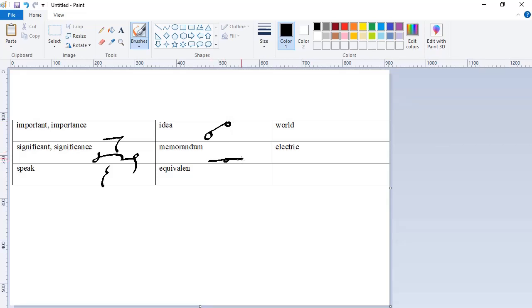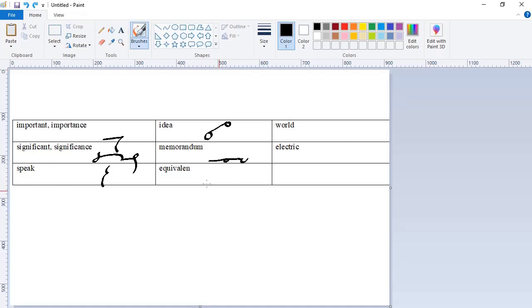M, M, O. Memo. Equivalent. So, we have equiv. Yung ating Q. Yung ating W dash. Okay? Hindi pala siya dapat nakadikit. Pero, I don't know. Oops. Ulitin na lang natin.